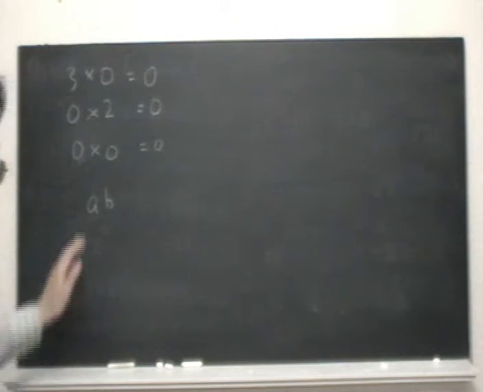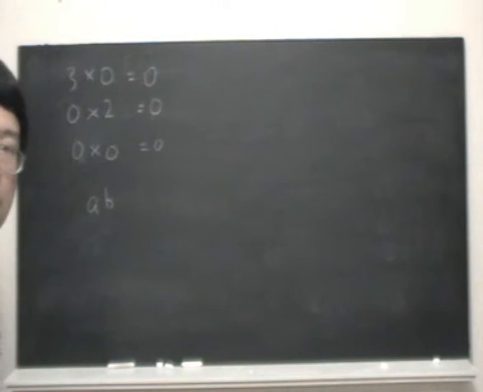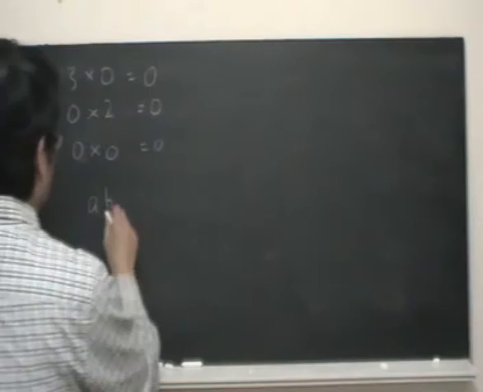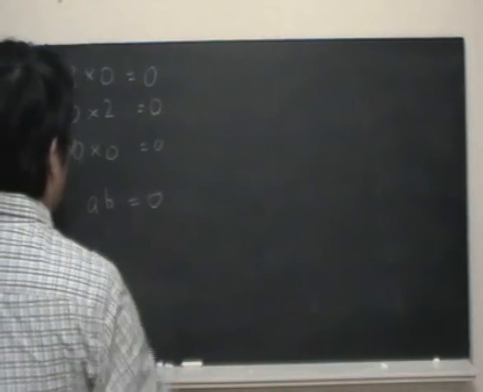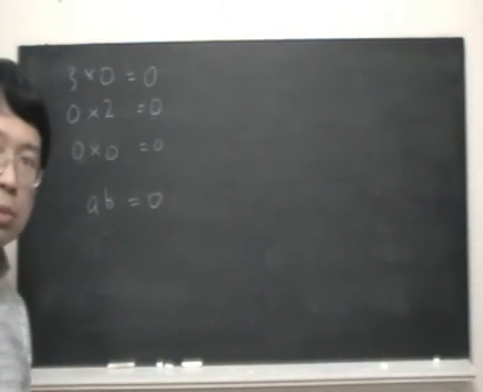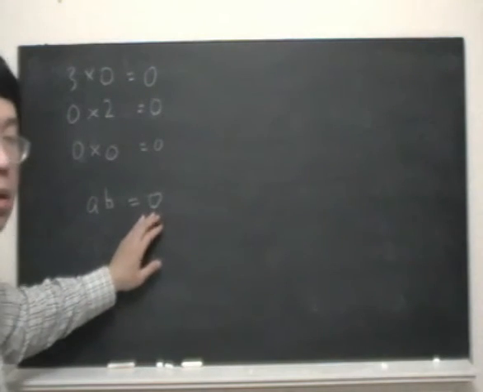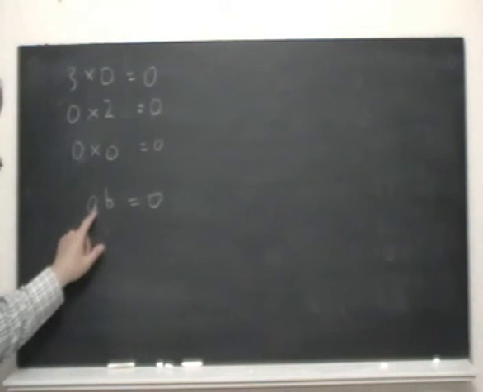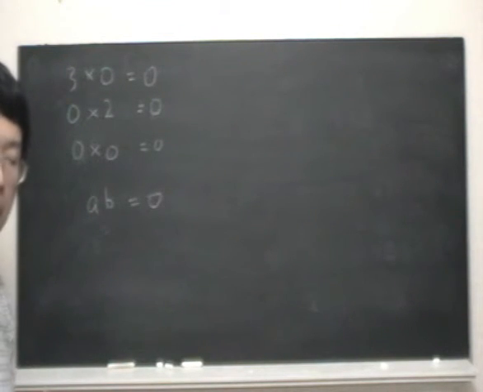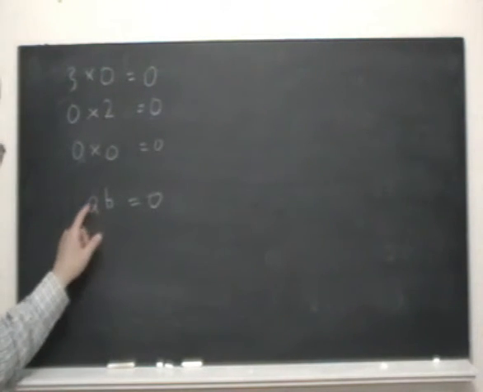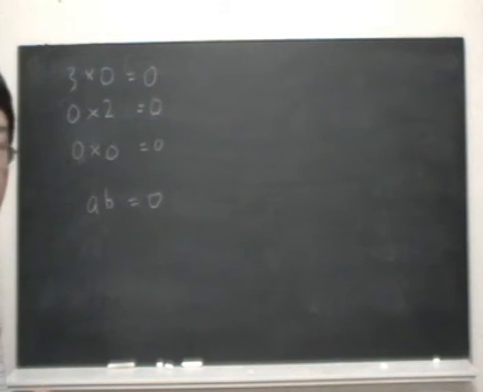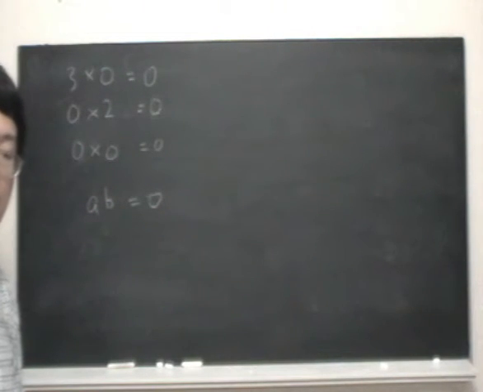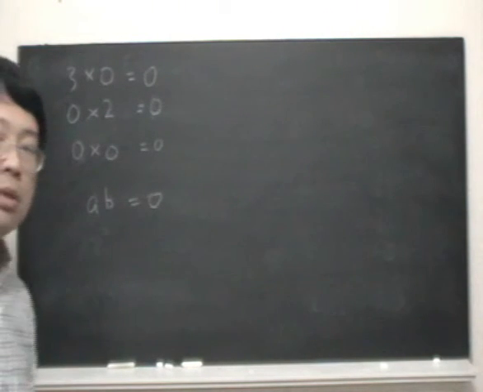I multiply A by B. And I'm told that the answer is 0. So I have these two numbers, A and B. I don't know what they are, but I know that when you multiply them, you should get 0. So what does this tell us about A and B?